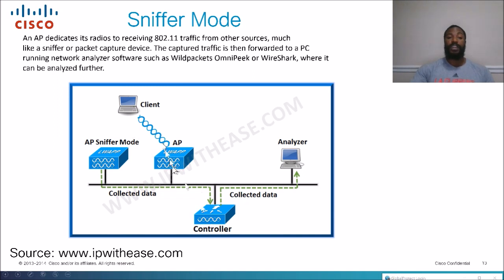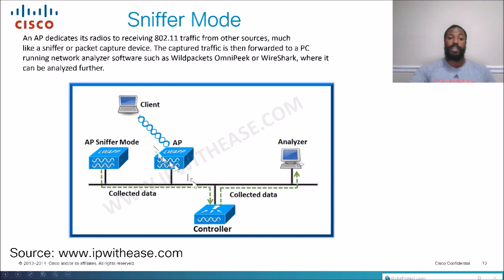So while the traffic is going back and forth right here, we got Mr. AP right here in sniffer mode, and he is sniffing all of the traffic that's going between the client and the controller right here, right? But then while he's in sniffer mode, he takes all that data, collects it from the controller, because remember that information was going back and forth between the client and the controller right here.